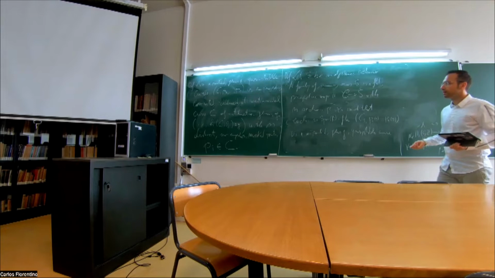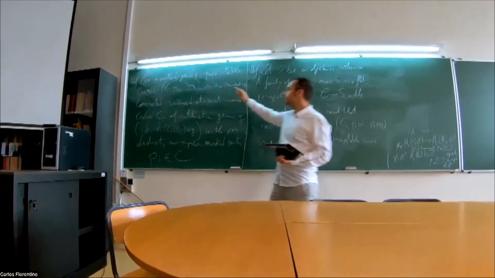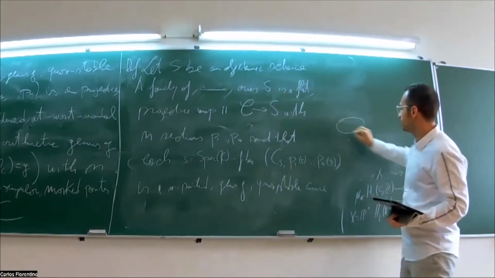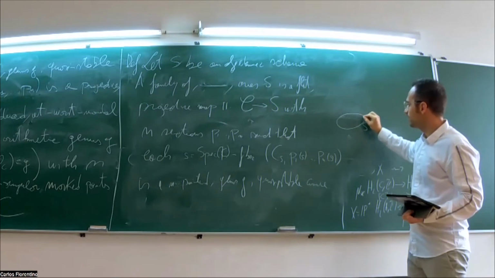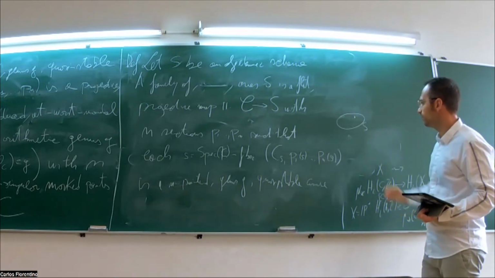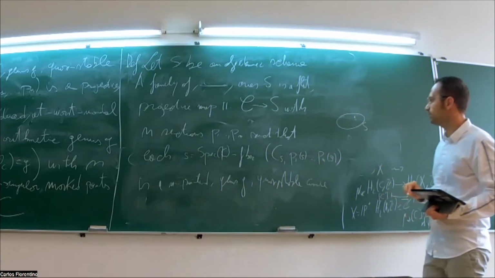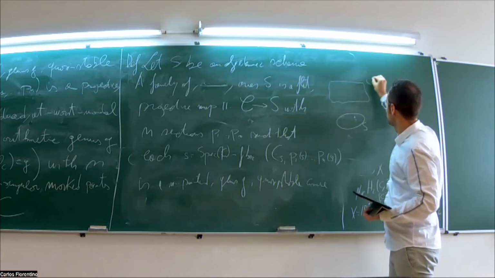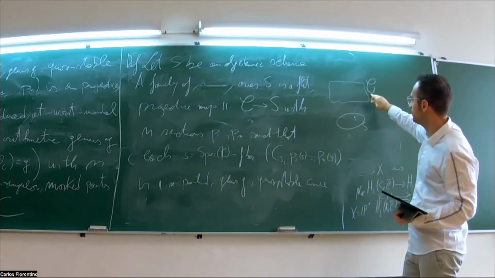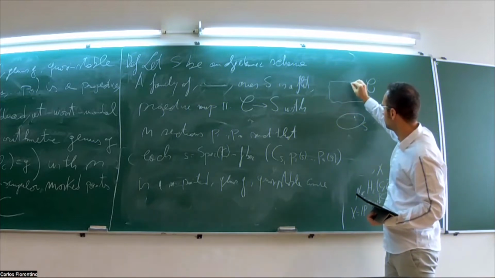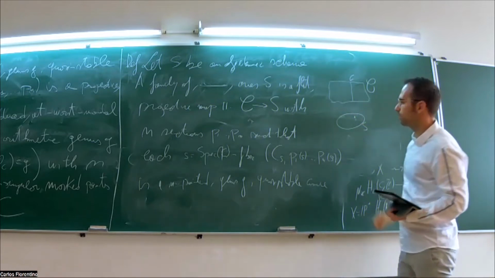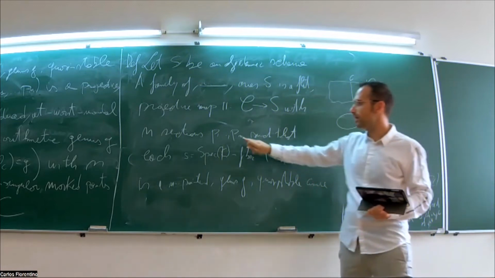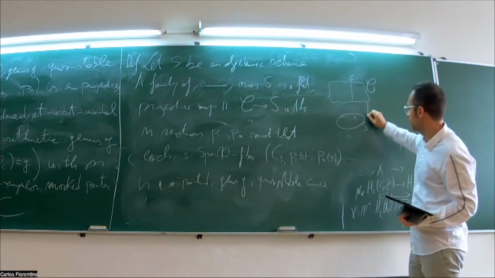Okay. Here we defined a single object, and here we are defining a family of this object. So we have S, and over each closed point of S, which we call small s, we have this C, the fiber, which is a curve C with those properties, and in addition we have n sections of this map pi.